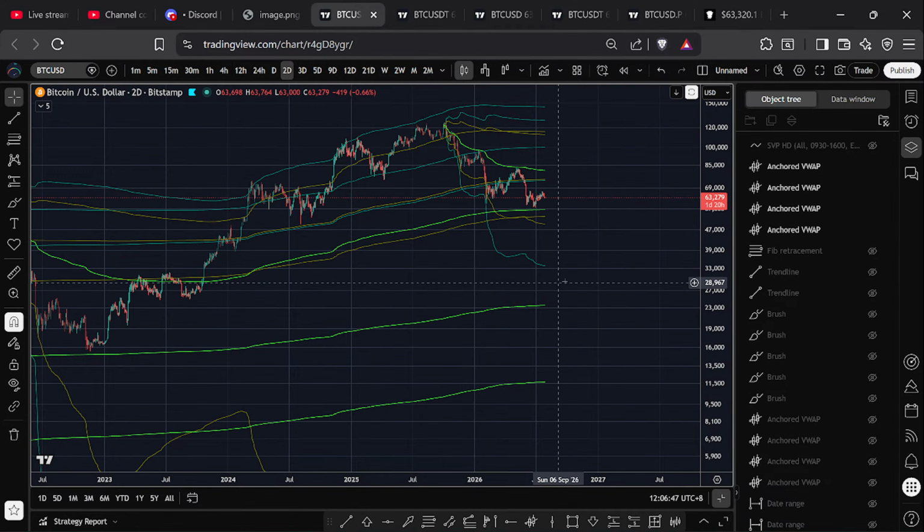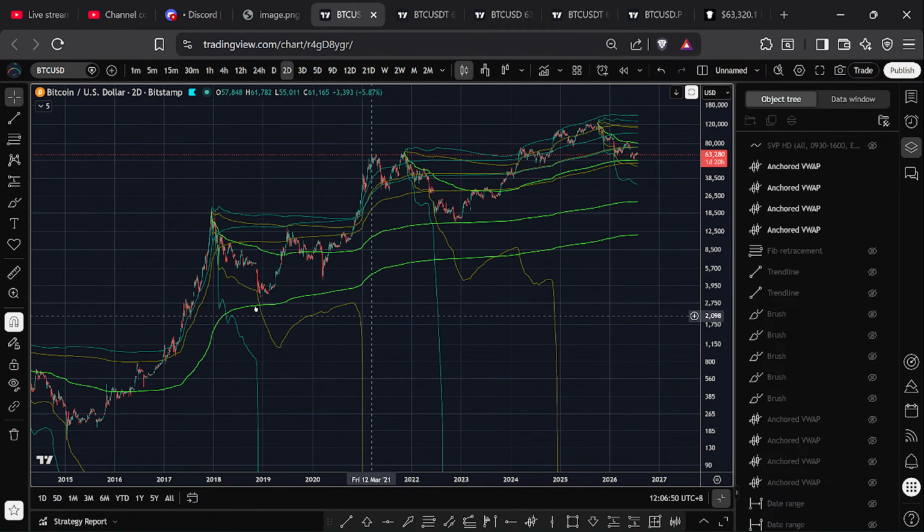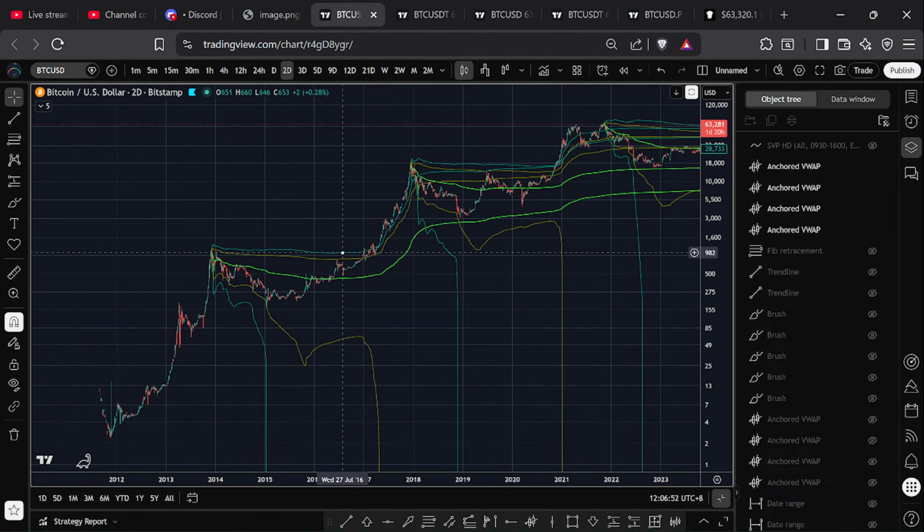So now we'll have a look at this middle VWAP, anchored VWAP, the green line from the top. So from here, we come along, and then at the next bear market bottom, it goes close to it, but doesn't touch it, even on the COVID crash.